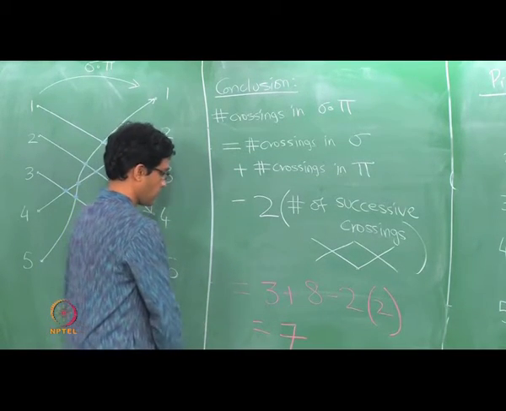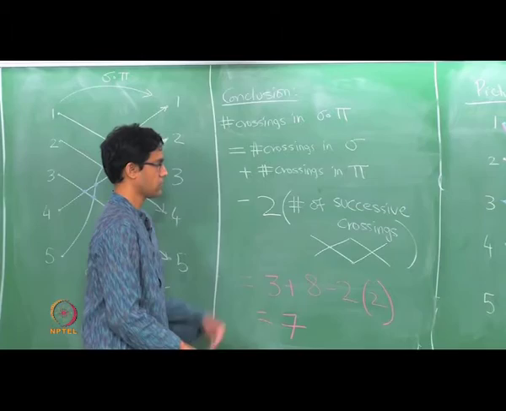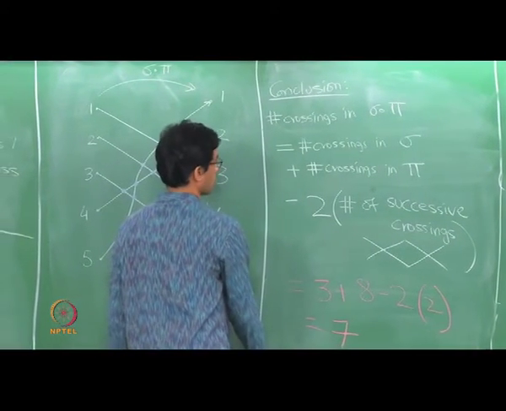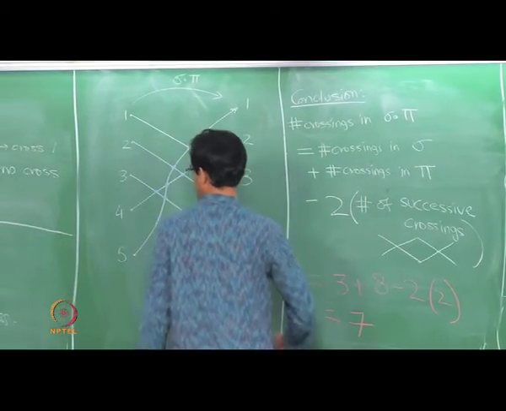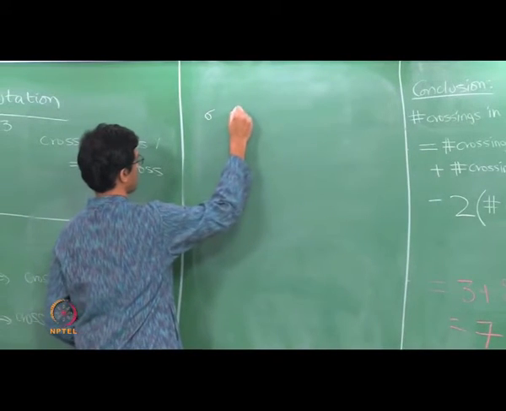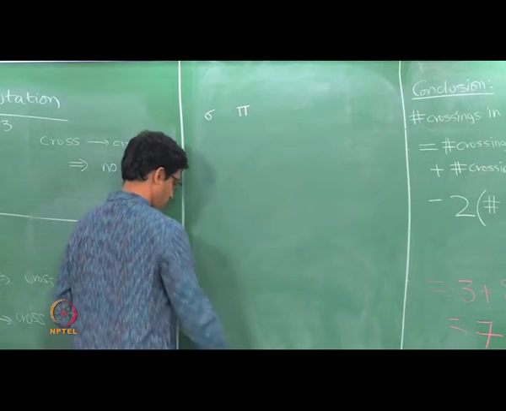Now the main consequence of this is really for the sign. Observe that here is a nice corollary, a nice table we can make: sigma, pi and the composition.